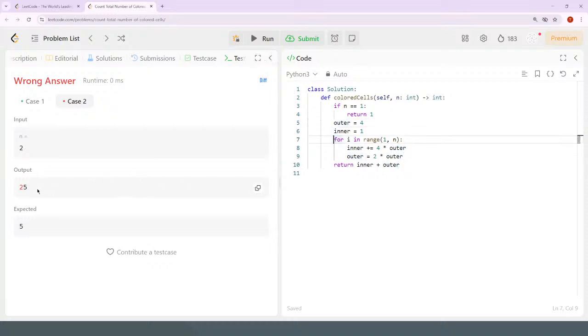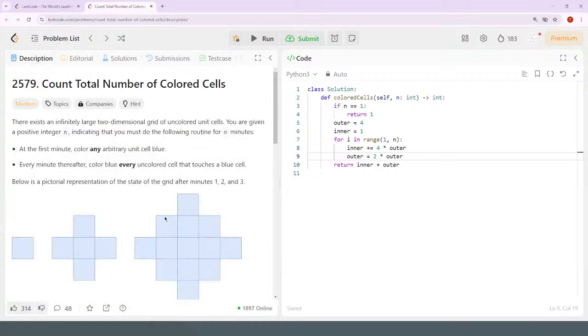N is 2. My output's 25. What's going on here? Outer is equal to 2 times your outer. So 4 and then 8 and then each square from there is 1, 2.